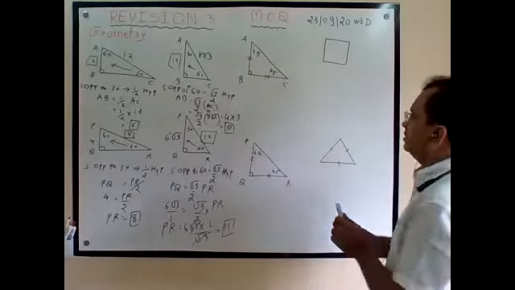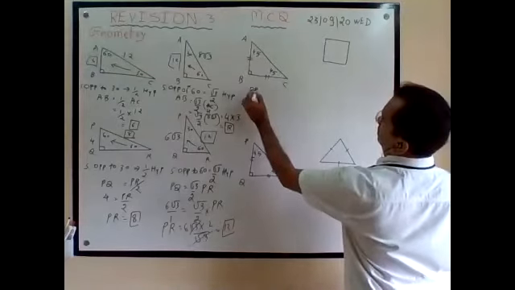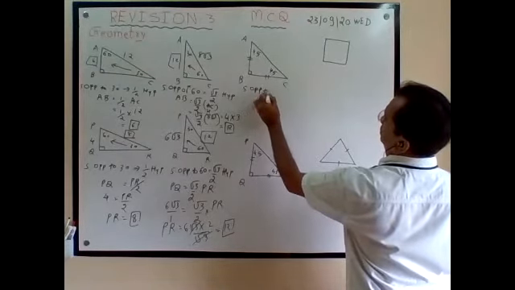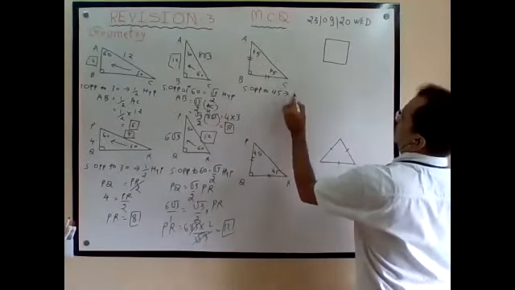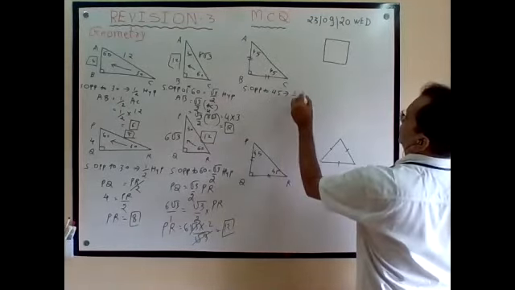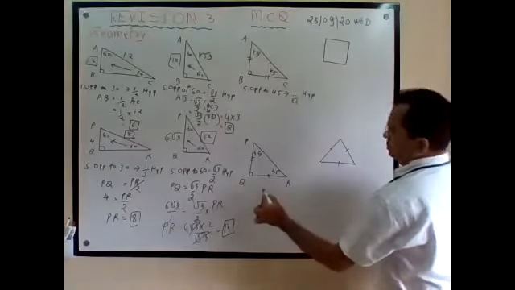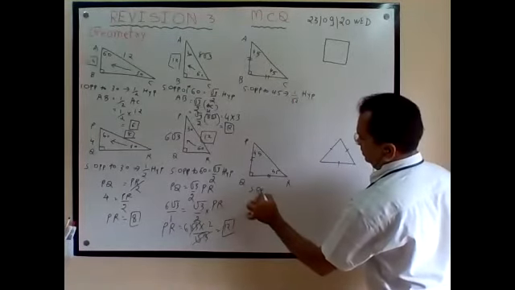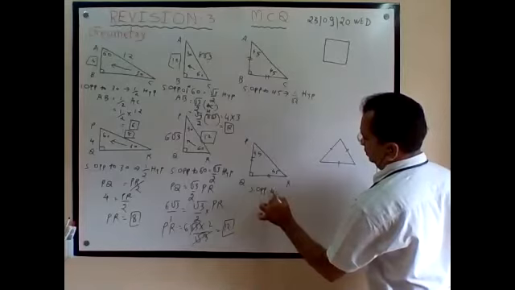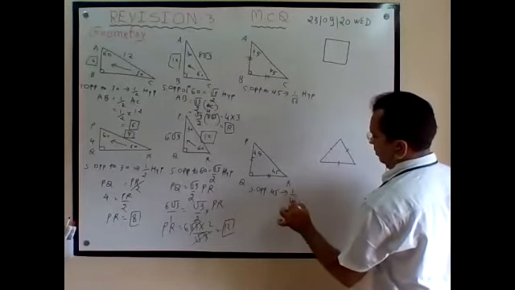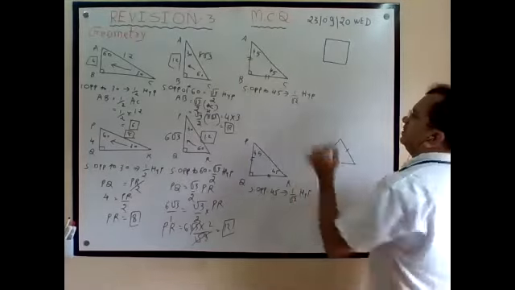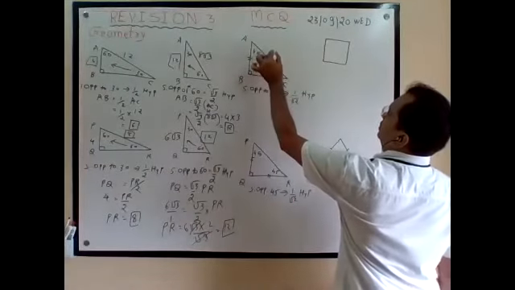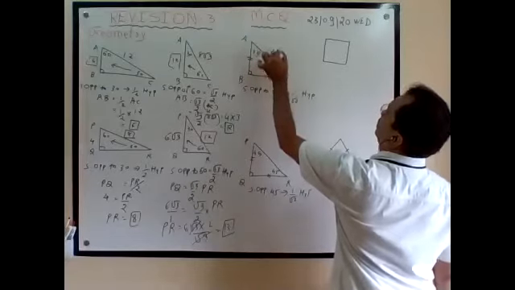In this, side opposite to 45 degree is 1 by root 2 times of hypotenuse. Same, side opposite 45 degree is 1 by root 2 of hypotenuse. Now this is given, for example 7 root 2.